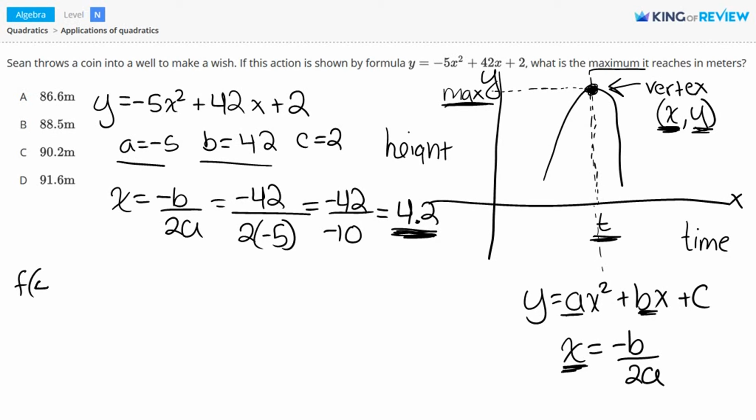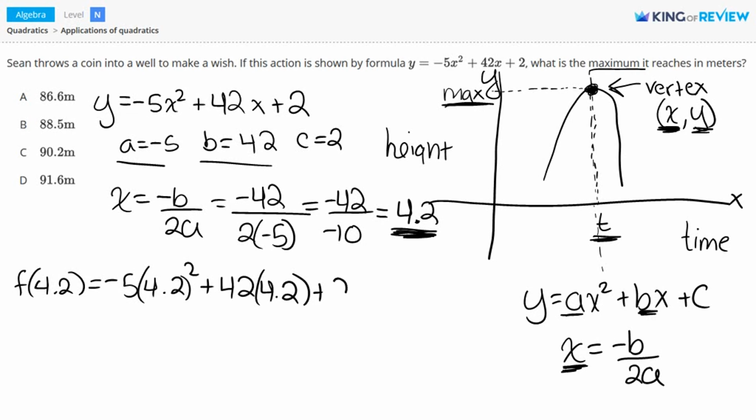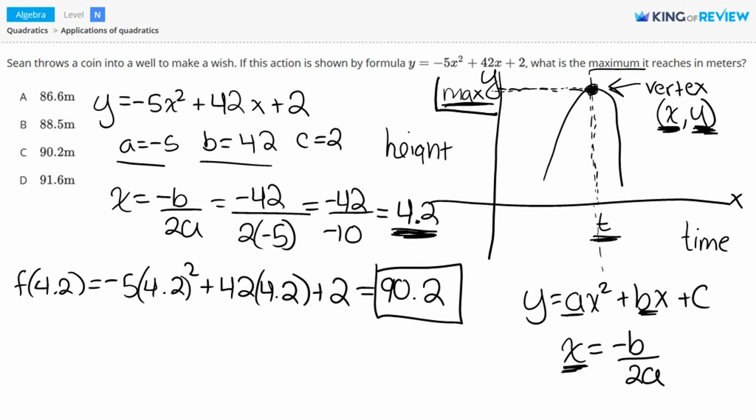So f of 4.2 equals negative 5 times 4.2 squared plus 42 times 4.2 plus 2. And when you work this out on a calculator, you get 90.2. So 90.2 is the y-coordinate of the vertex, and this represents the maximum height that the coin reaches.